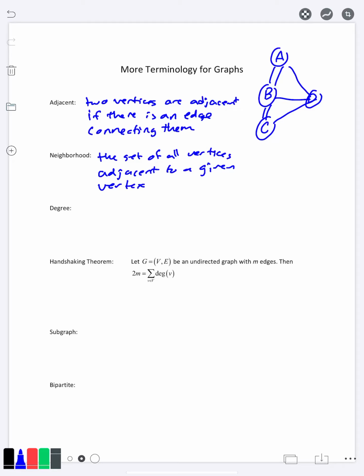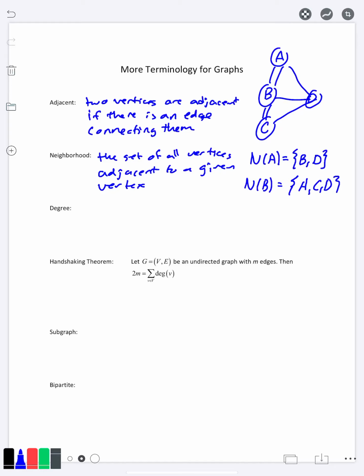For this graph up here, the neighborhood of vertex A would be B and D, because that is all of the things that are connected to A. On the other hand, the neighborhood of B would be A, C, and D, because that's all the things that are connected to B. So you see, the neighborhood is going to depend on which vertex you're talking about, and it's going to change based on that.